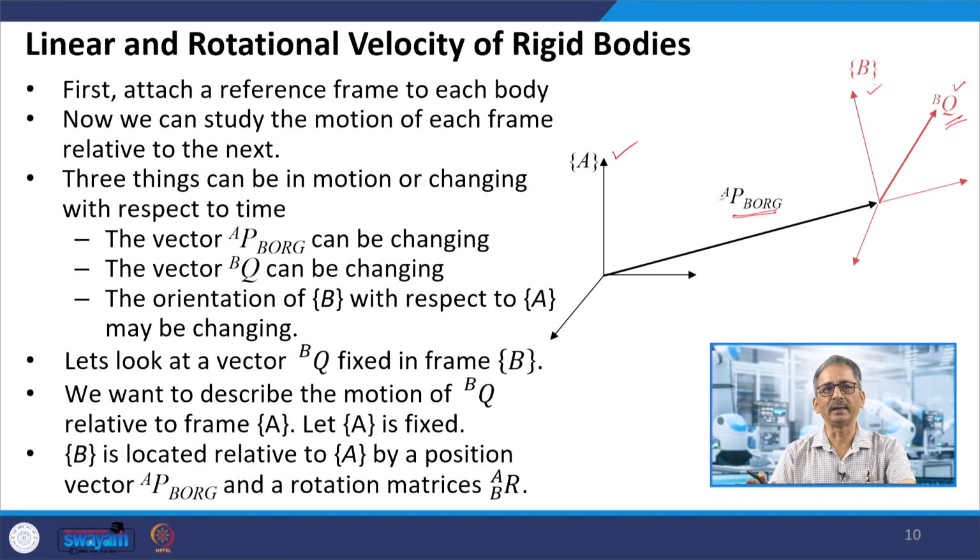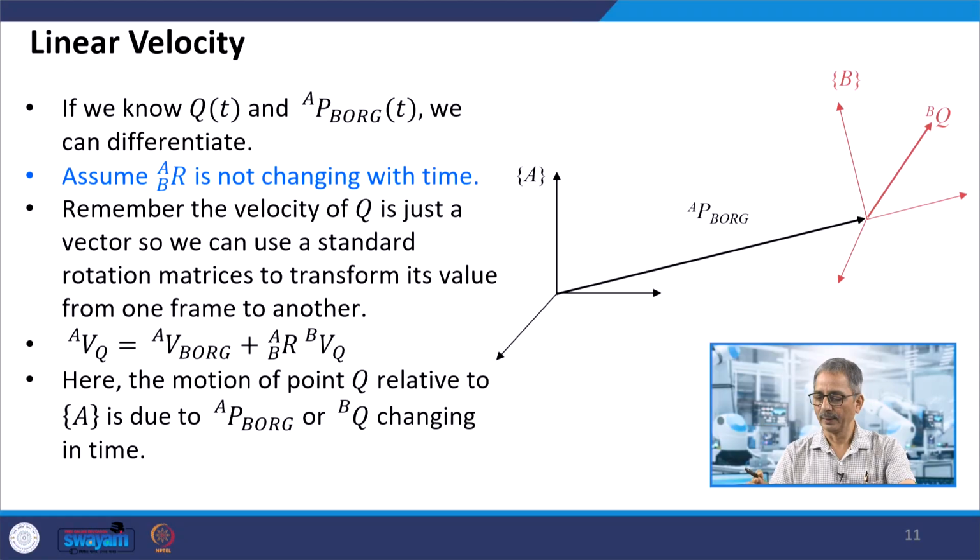So, let us go for the first one. Here, let us suppose that R B A is not changing with time. So, say this frame B is not rotating basically. It is oriented at some orientation with respect to frame A, but it is not changing with time.